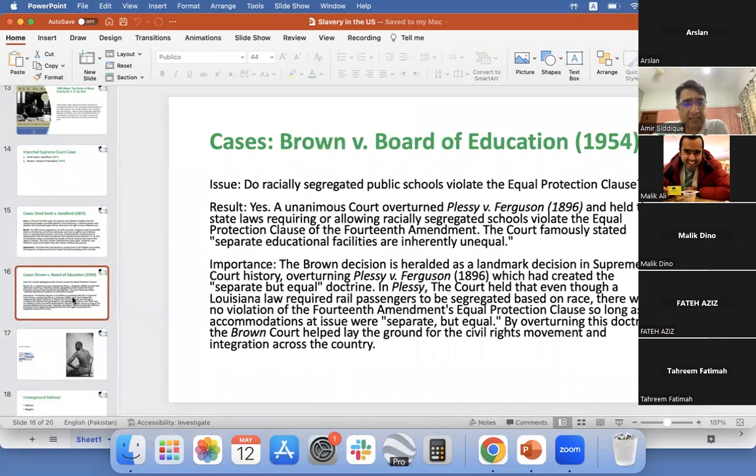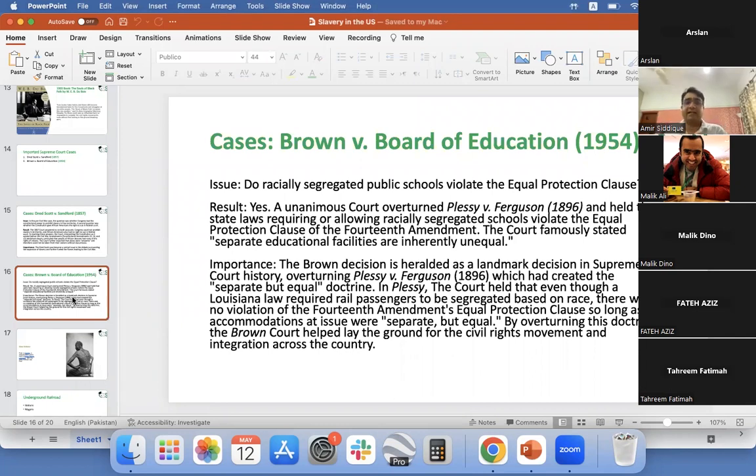And the second case, I think the important case related to African Americans, is Brown versus Board of Education. This case, of course, happened much later. It's in 1954. This was a positive verdict.